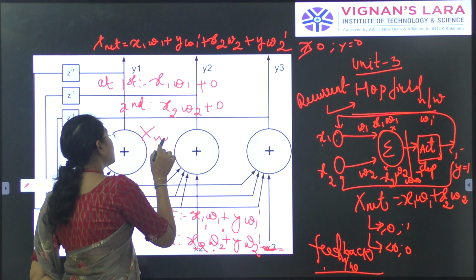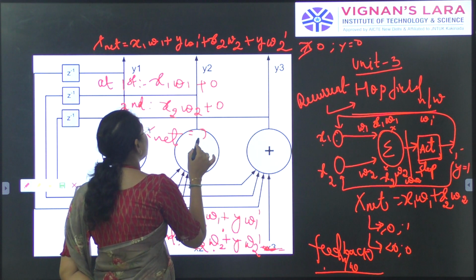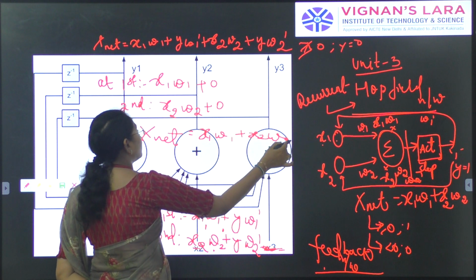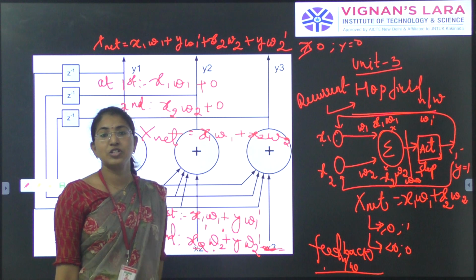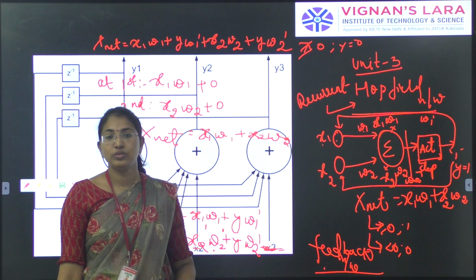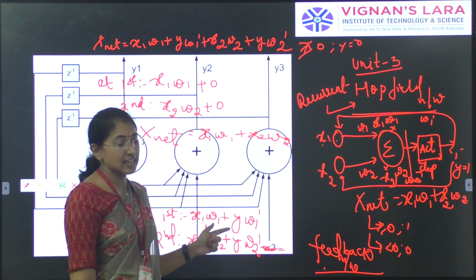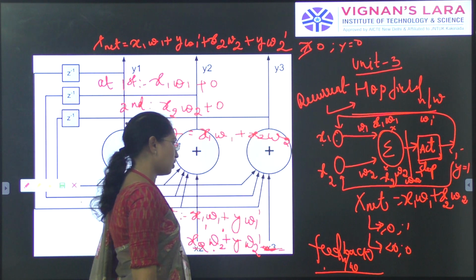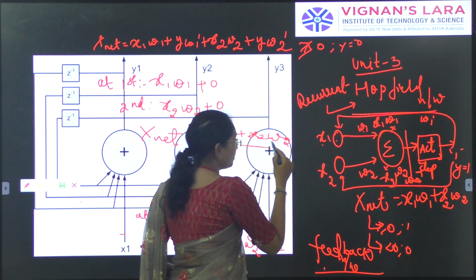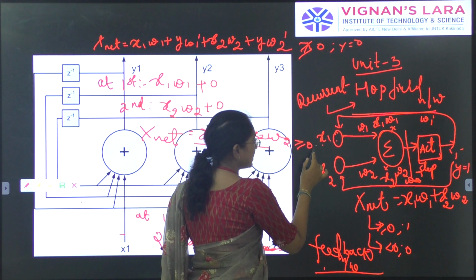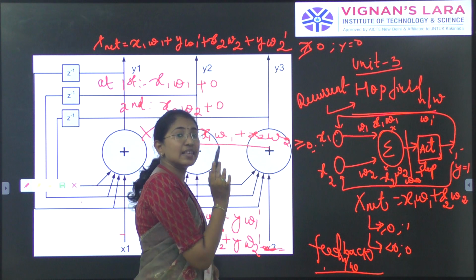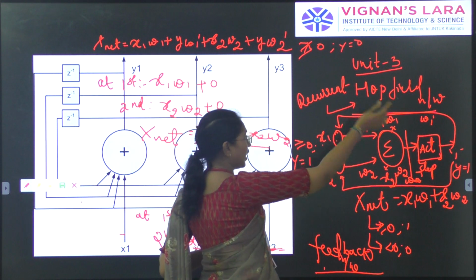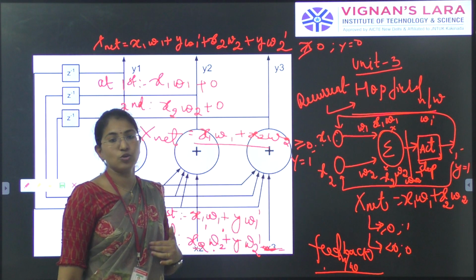So this is your x net. Now this x net is fed to the activation again. Let us consider the condition is satisfied. You are getting output y as 1, which is fed as one of the inputs for the two inputs.